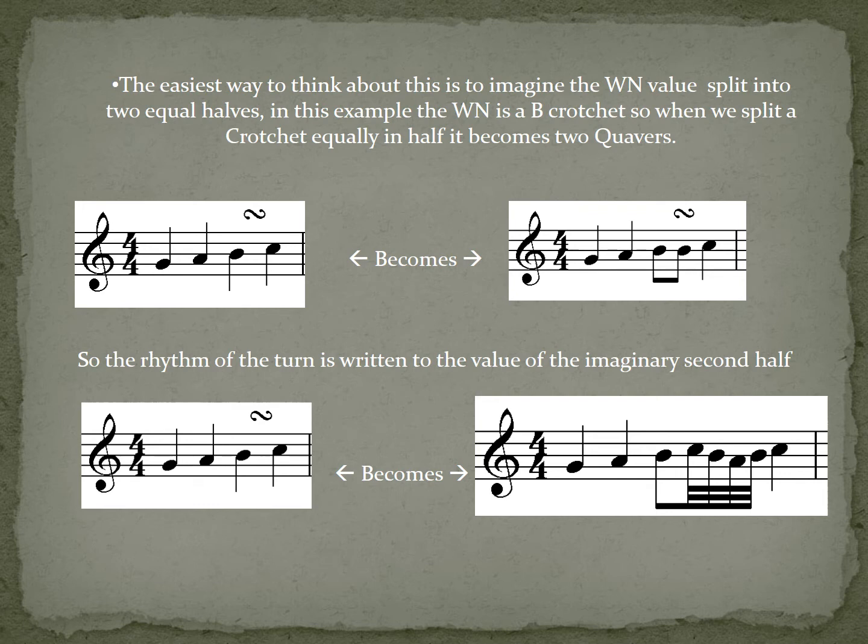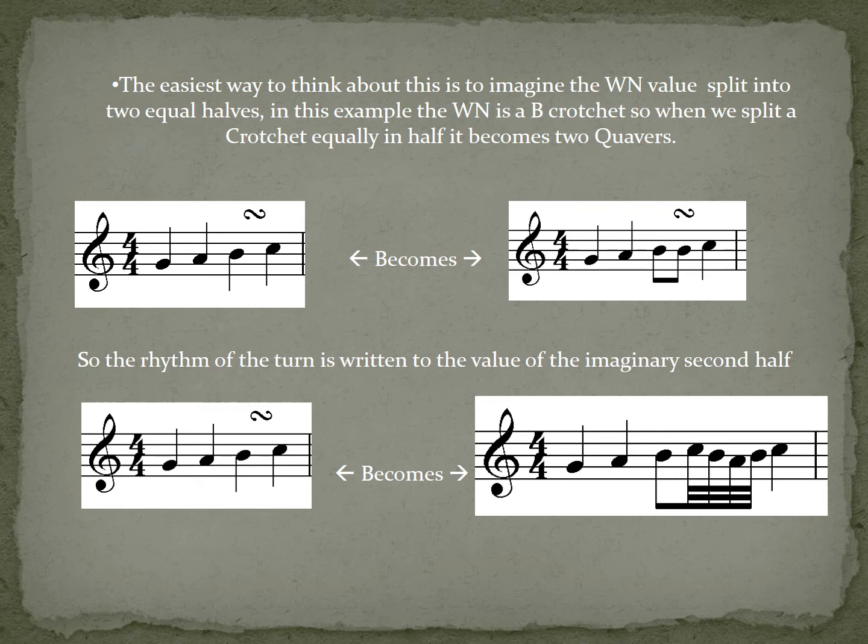So the easiest way to think about this is to imagine that the actual written note itself, the B crotchet, is split into two equal halves. So in this example, the crotchet we split equally into two quavers. And as you can see from the diagram, on the right hand side, there's the turn sign appearing over the second quaver. So the rhythm of the turn is to the value of this imaginary second half.